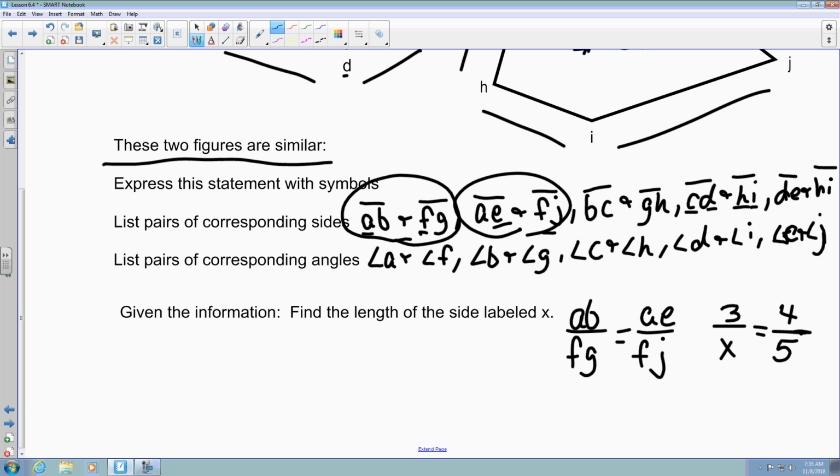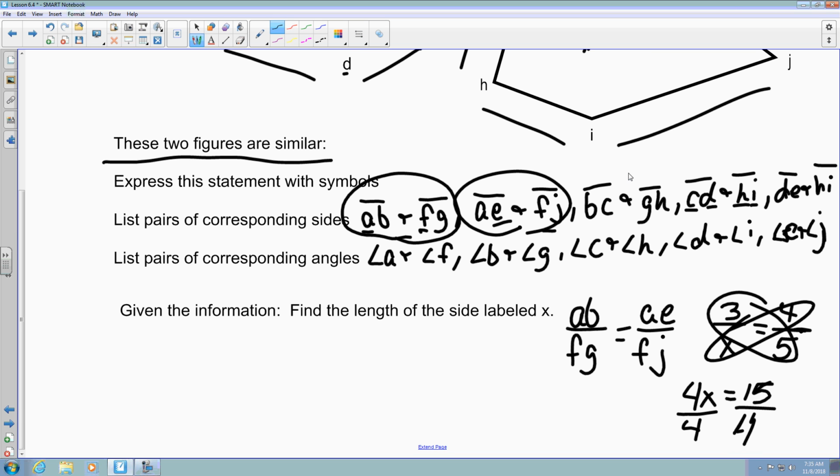Now that we have a proportion, we can do the exact same thing that we have been doing, the cross products here and here. So this turns into 4x is equal to 15, dividing everything by 4. 15 divided by 4 gives us x equals 3.75. So x in this case would be 3.75.